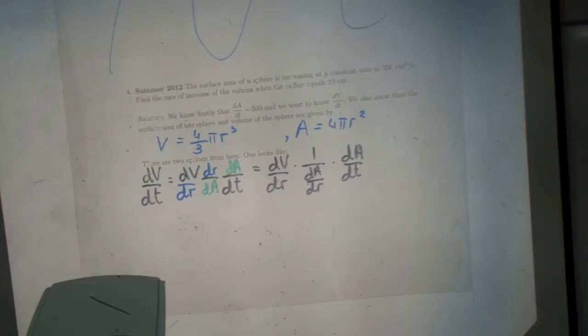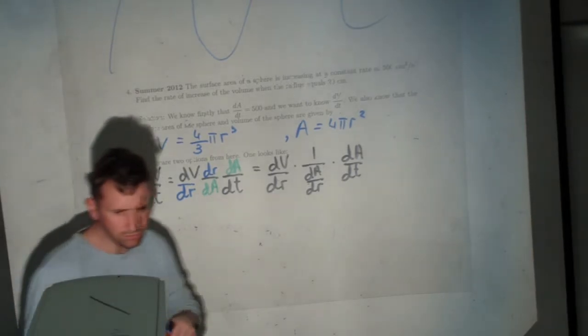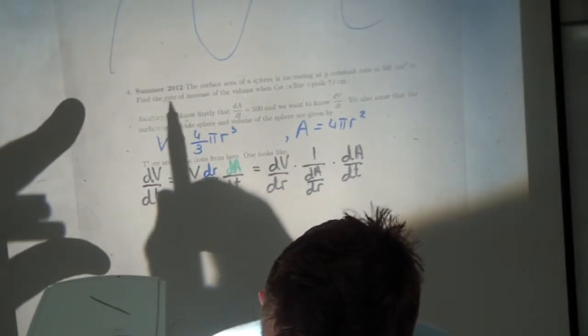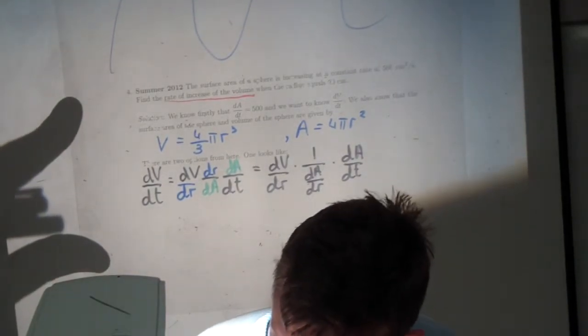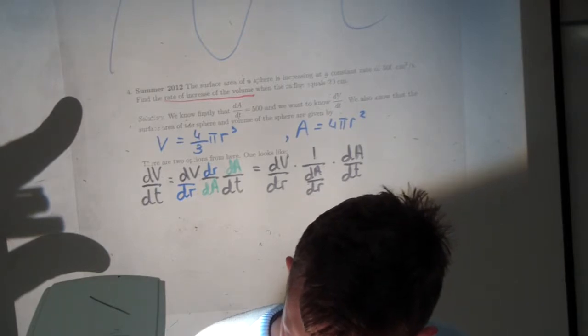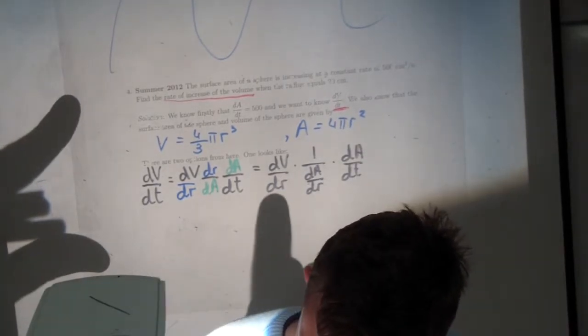What are we actually looking for in the question? Find the rate of increase in volume. Correct. So that's dV/dt. So this is what we're looking for.